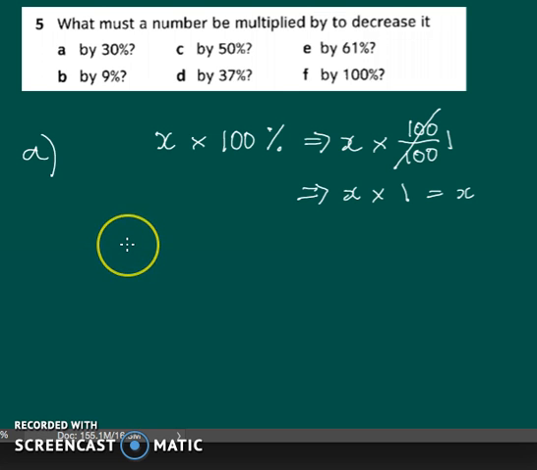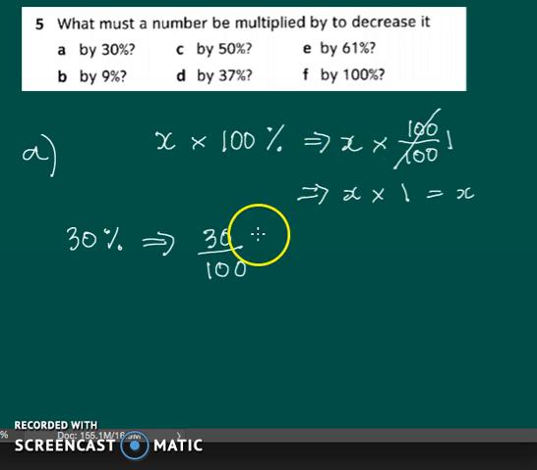What must a number be multiplied by to decrease it by 30%? So how do we express 30% as a fraction? We give it a denominator of 100. So it's the same as saying 30 over 100.